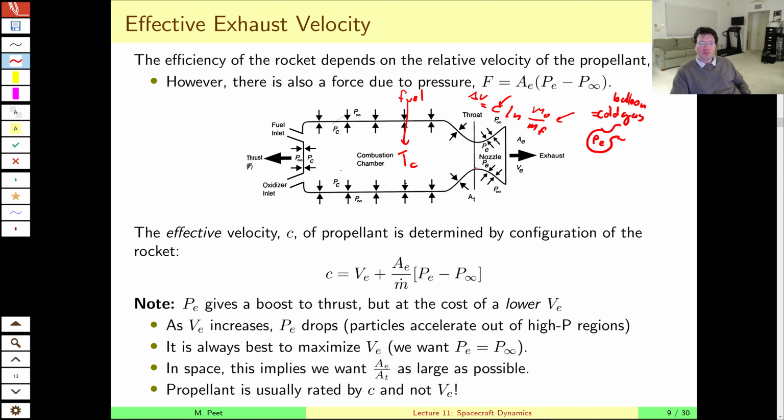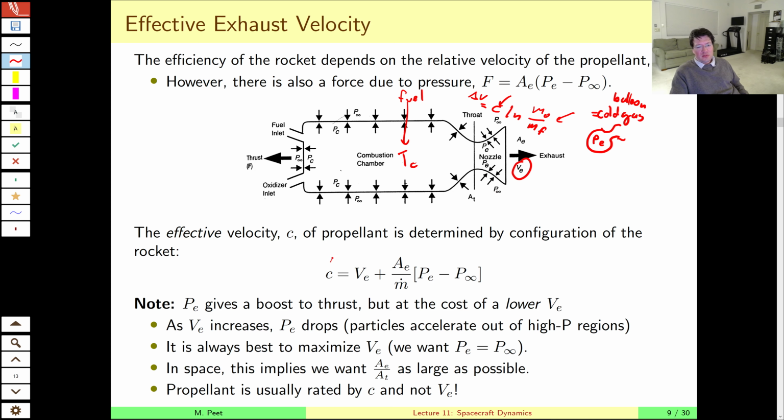So there's two components to this rocket. This is something that's really quite tricky, and when you take your propulsion class, you'll learn a great deal more about it. The exit velocity, this V_E, exhaust velocity, that's really what we're trying to maximize.